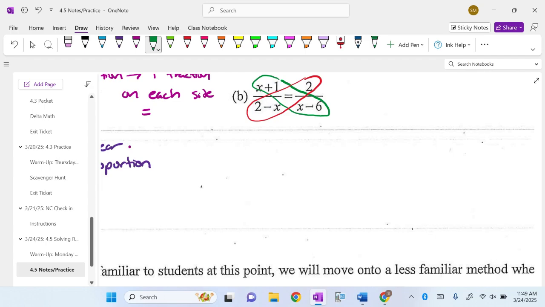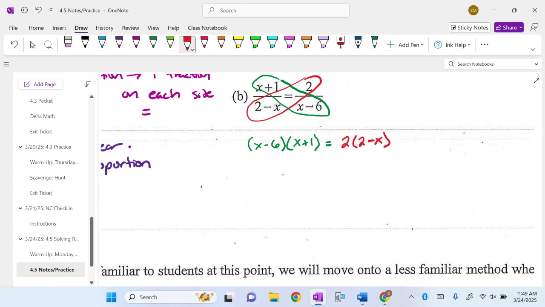How would I set this up if I cross multiply? What would the green set up to be? X minus 6 times x plus 1 is equal to, what's the red turn out to be? 2 times 2 minus x.